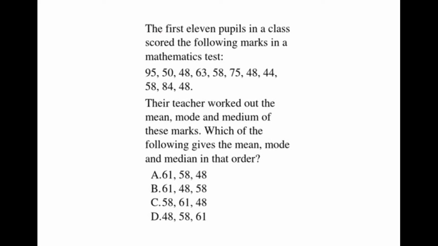Which of the following gives the mean, mode, and median in that order? So we have our working. So we are going to calculate the three quantities, the mean, mode, and the median of the marks that we have been given.